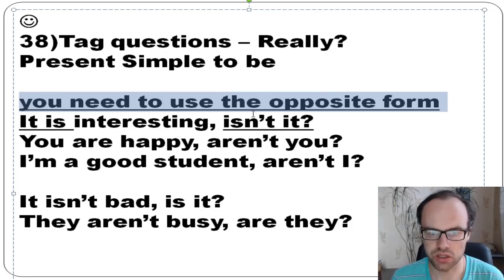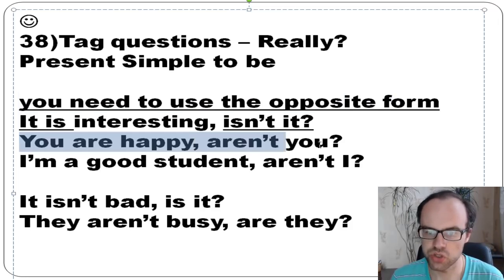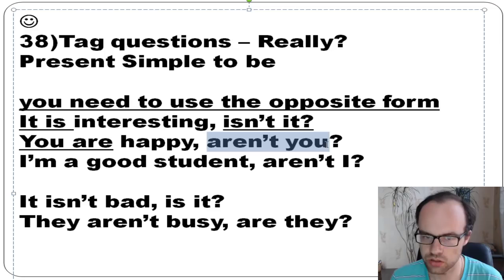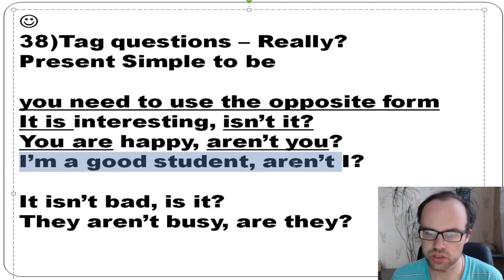It is interesting, isn't it? You are happy. You see "you are," and you put "are" before "you," and you make a negative form. You're happy, aren't you? So you're happy, really?